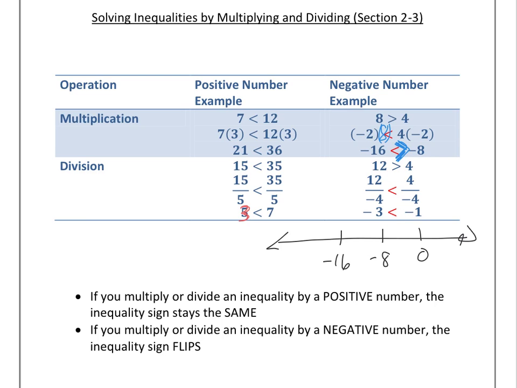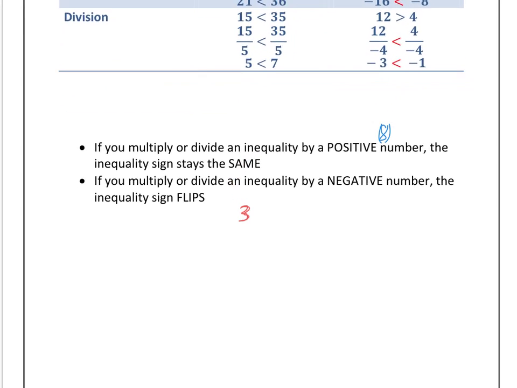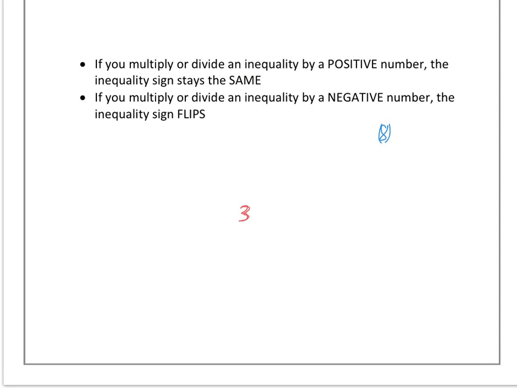So the moral of the story is, and it's all written down here, that if you multiply or divide an inequality by a positive number, the inequality stays the same.